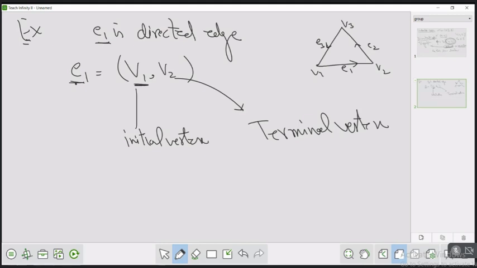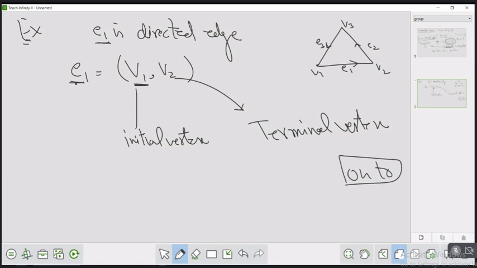In this graph, the edge has an initial vertex V1 and a terminal vertex V2. But we say that an edge is incident onto a vertex because there is no direction in the edge. In an undirected graph, we say only "incident onto".